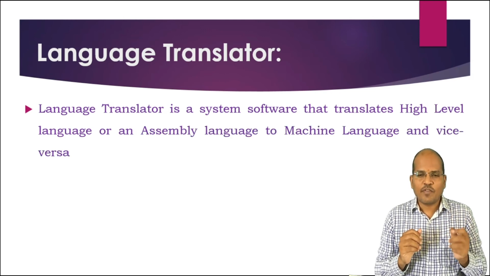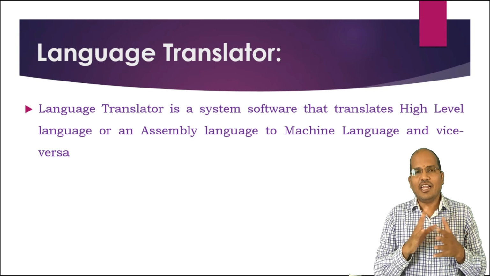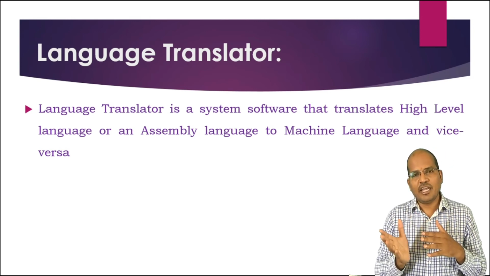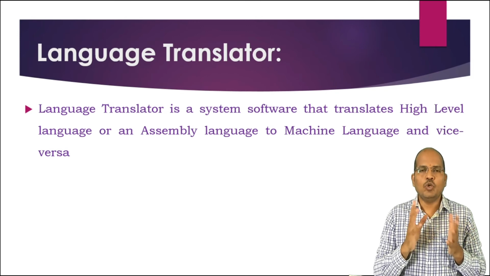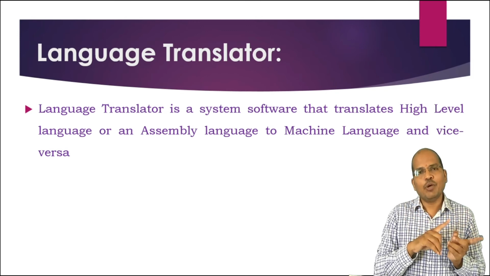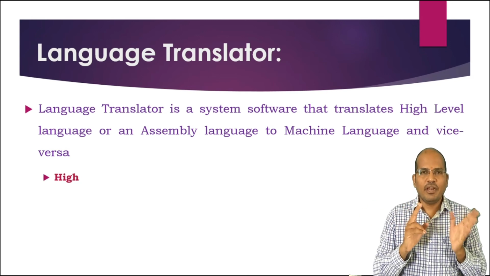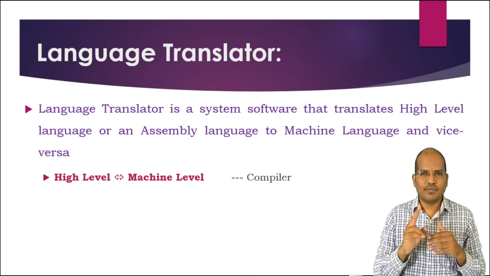It is a system software that translates high level language or assembly level language to machine level language or vice versa. So you have two categories: high level to machine level and vice versa, and you also have assembly level to machine level and vice versa.